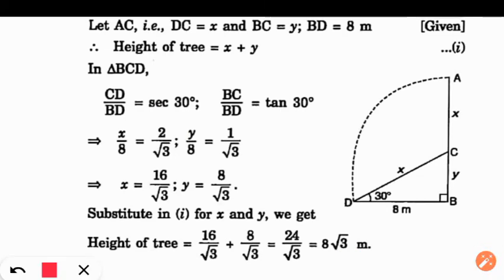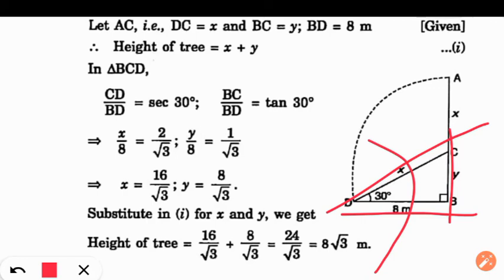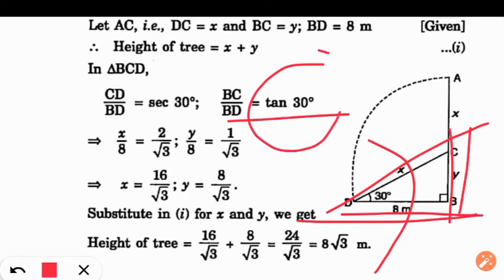Similarly, to find y, y is perpendicular and we know this side BD. So, tell me a trigonometrical ratio where we deal with perpendicular and base. Tan, right? So, tan of this angle is equal to BC by BD, and tan 30 degree is 1 by root 3.